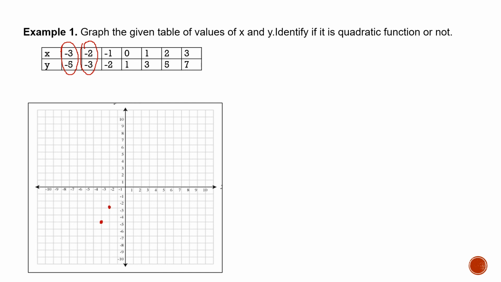Next, negative 1, negative 2. Next, 0, 1. Next, 1, 3. Next, we have 2, 5. And then for the last one, we have 3, 7.